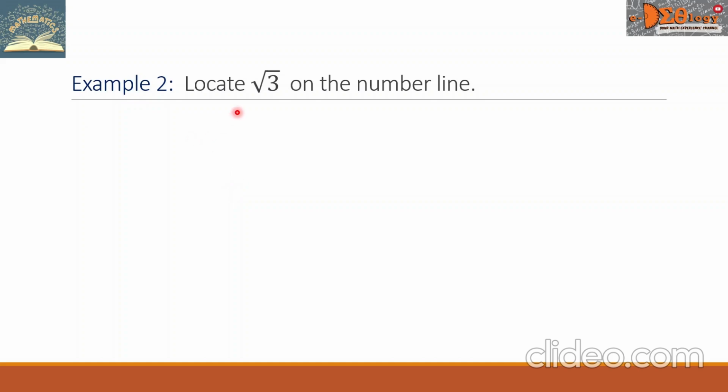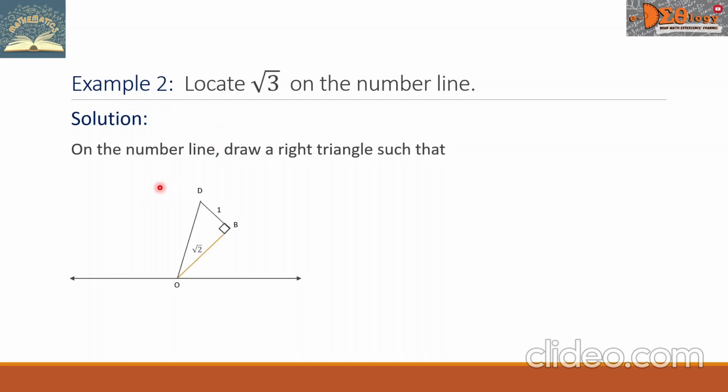Example 2. Locate square root of 3 on the number line. With reference to the figure of example 1, we will draw a right triangle on the number line such that we have the side OB as square root of 2, the side BD as 1.